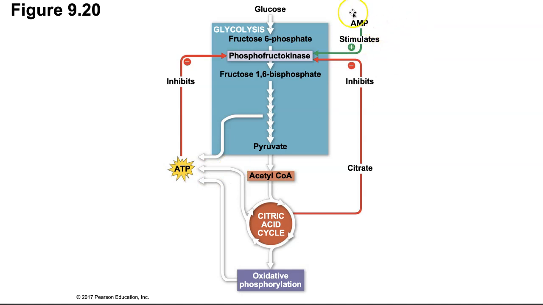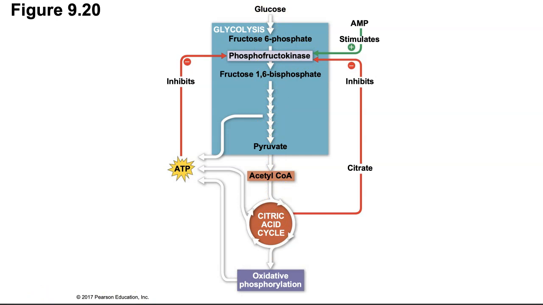So if we have a ton of adenosine monophosphate hanging around the cell, that lets us know that we're clipping our phosphates off of these. We're running low on ATP. We have used them all and we need to make more. So this is going to stimulate phosphofructokinase so that we go back through glycolysis so we can continue making ATP.